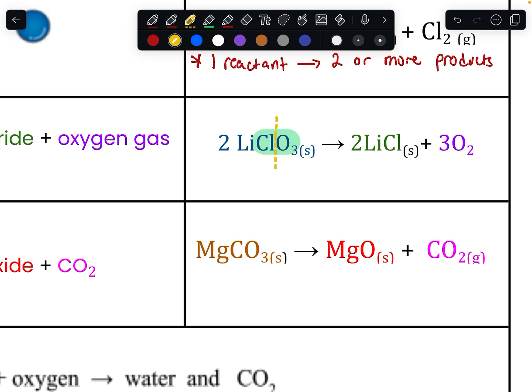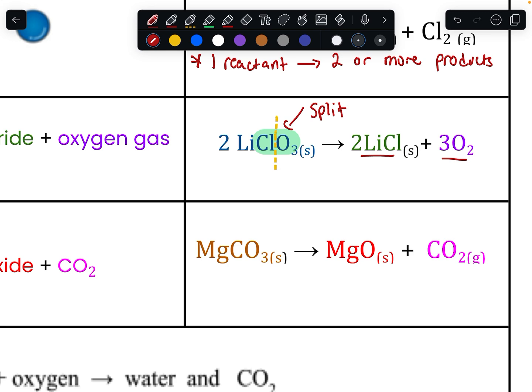So imagine we take this compound, we heat it up or something, and we're splitting the oxygen component of the compound away from the metal and the chlorine part. Okay, so this is kind of where the split occurs. And as that split occurs, what we create is that lithium chloride and that oxygen.